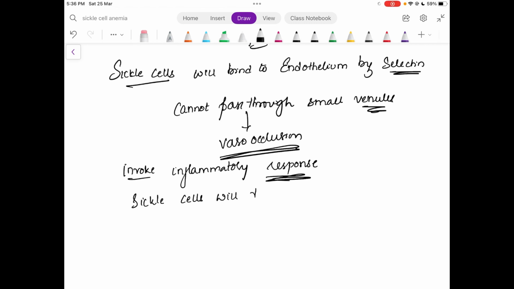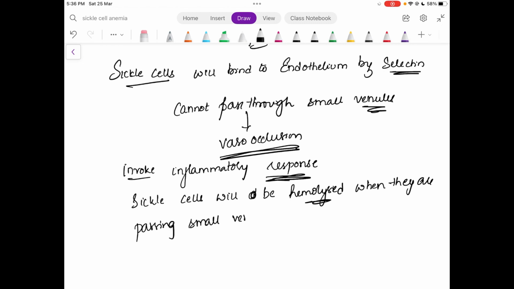and these sickle cells will be hemolyzed when they are passing through small venules, because they have a stiff nature. Sickle cells will have a stiff nature, which will cause rupture of their cell membrane and causes hemolysis.